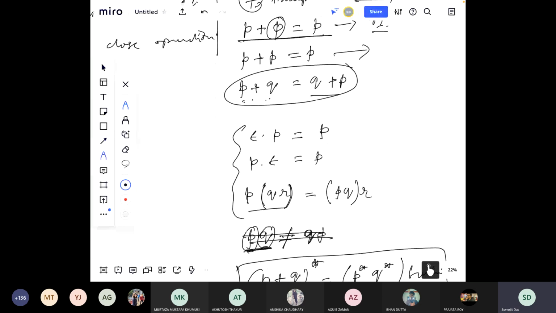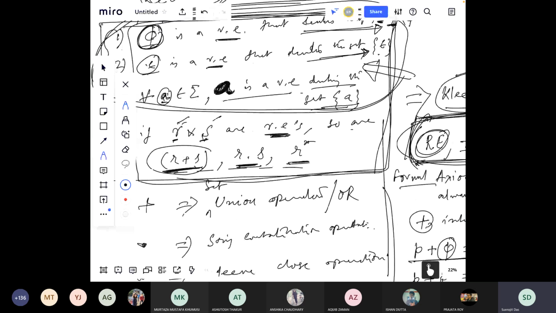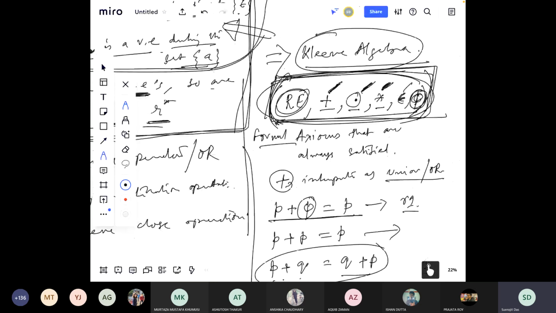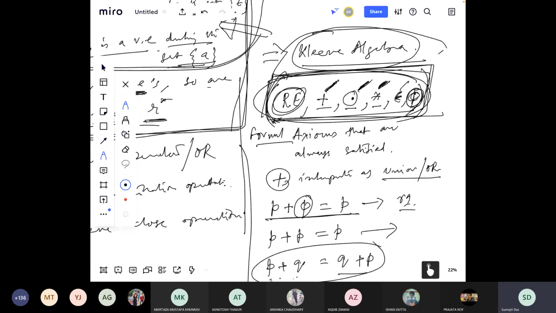For all symbols A, A is a regular expression that denotes the set A. If R and S are regular expressions, so are R plus S, R dot S, and R star. So algebra is a theoretical way of defining properties of strings that this regular expression algebra should decide, and how those axioms should look. What are the things that need to be satisfied?